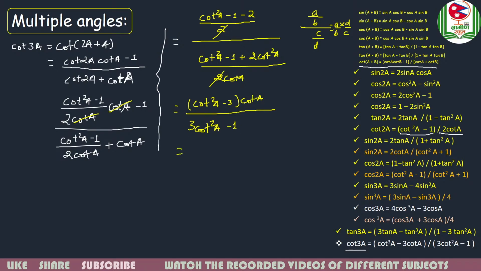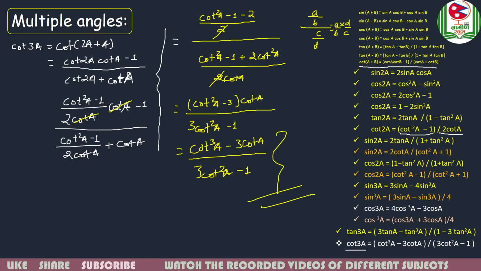So it is cot square A into cot A, that is cot cube A, minus 3 cot A upon 3 cot square A minus 1. So we have also verified this formula, that is cot 3A equals cot cube A minus 3 cot A upon 3 cot square A minus 1.